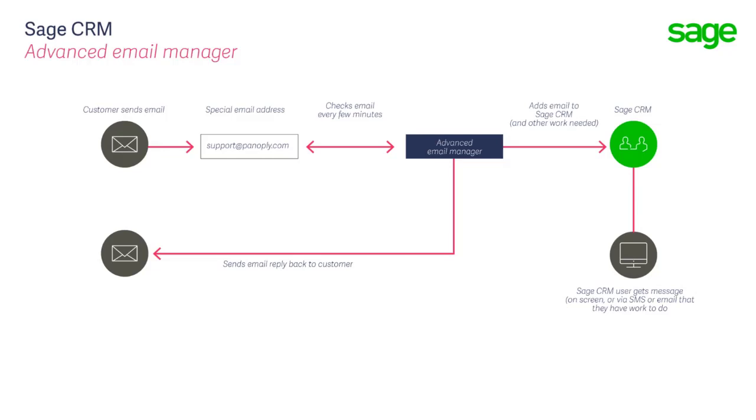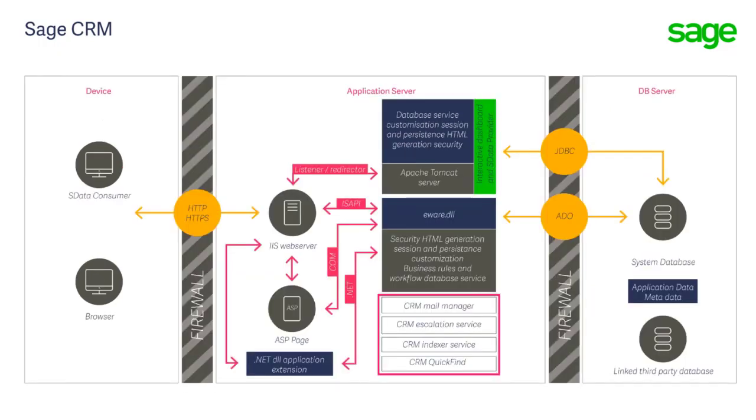Once that data arrives inside Sage CRM, it will tie in with other automated behavior within CRM, including workflow and escalations, so that Sage CRM users get messages that they have to act on this inbound email. That's just one example of what this service is doing.